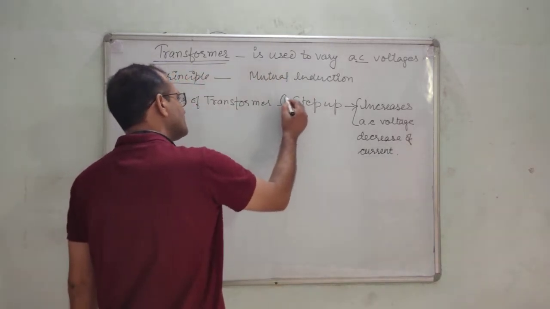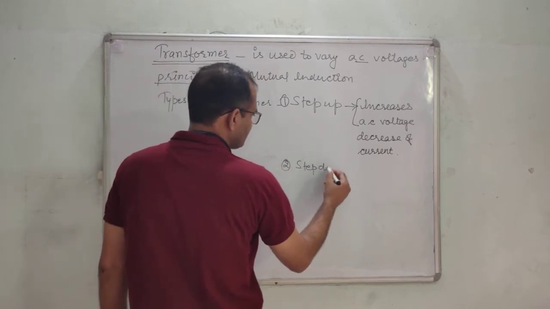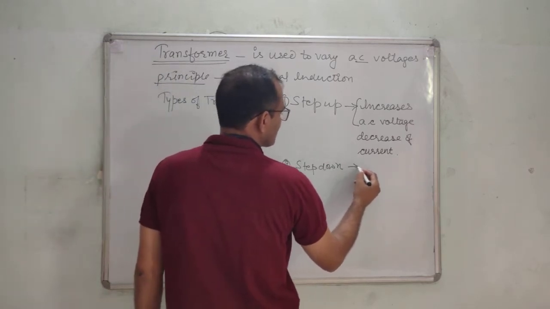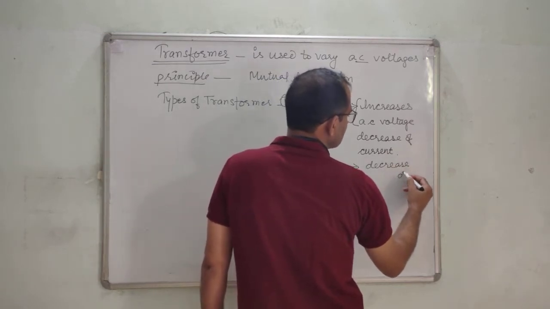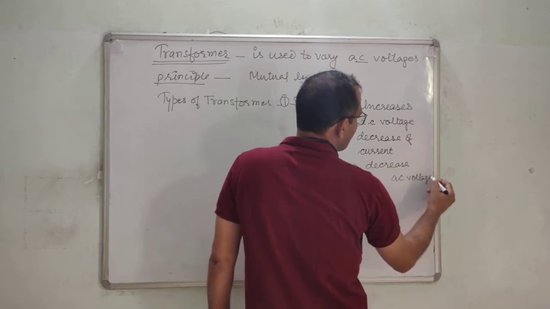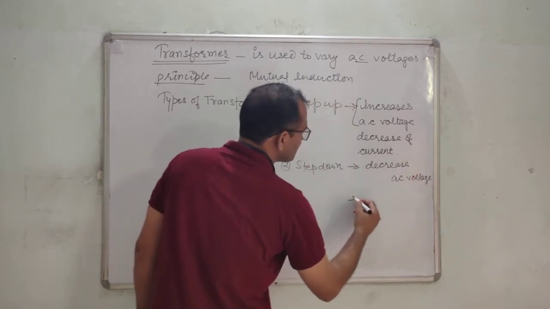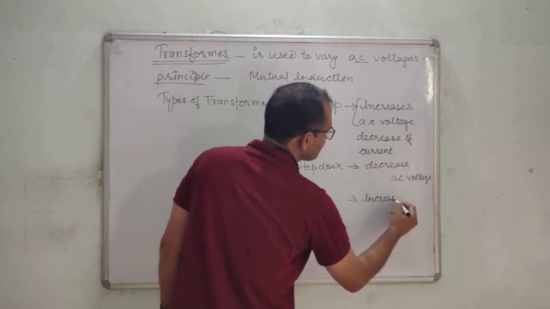The second type of transformer is the step down transformer. That decreases the AC voltage, and if the AC voltage decreases, there will be an increase in AC current.